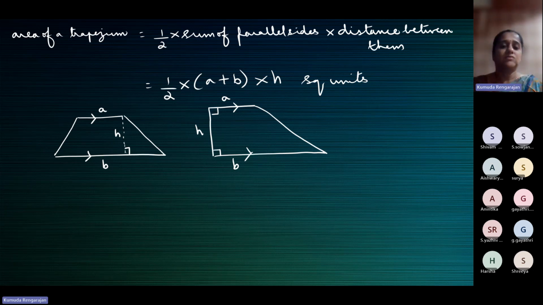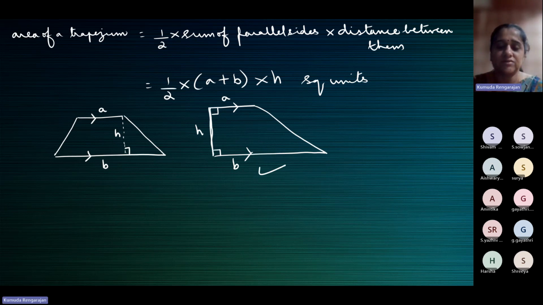Okay. In the second figure, you can see that one side of the trapezium is perpendicular to the parallel sides. A trapezium is a quadrilateral.